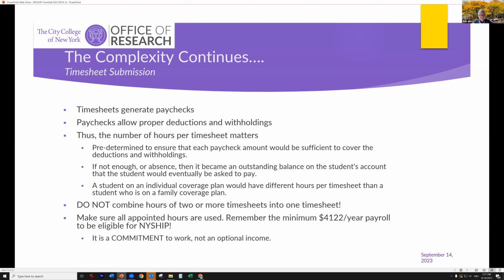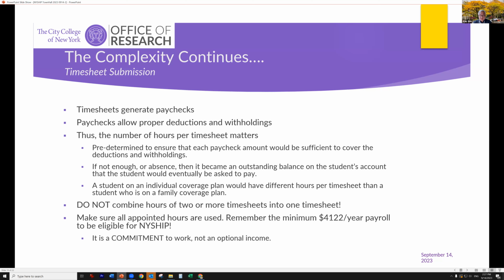Remember that they need to make 4122 per year on their payroll under this NTA appointment to be eligible for the NYSHIP. So if at the end they did not submit that many hours as appointed, that means they are not meeting the minimum required.